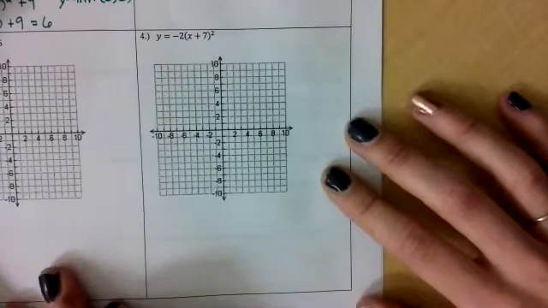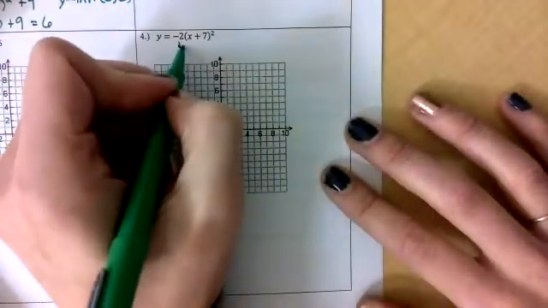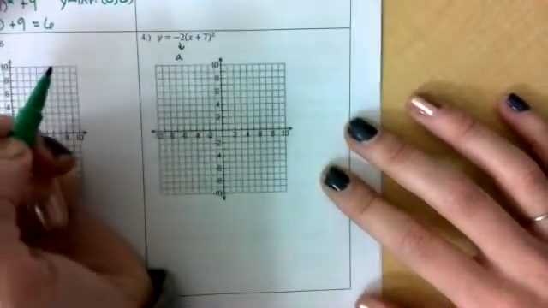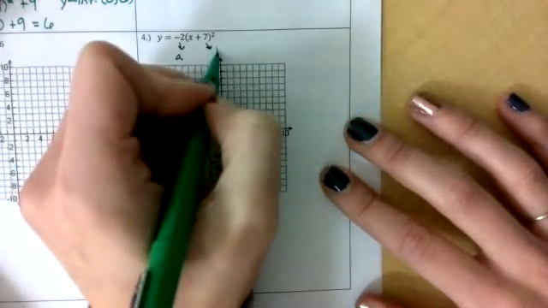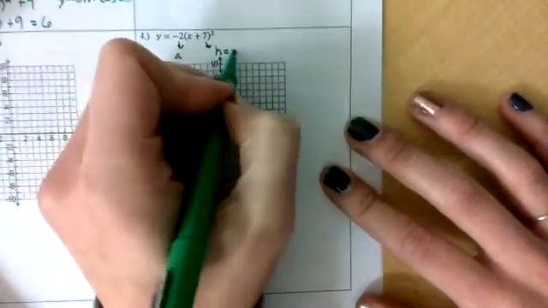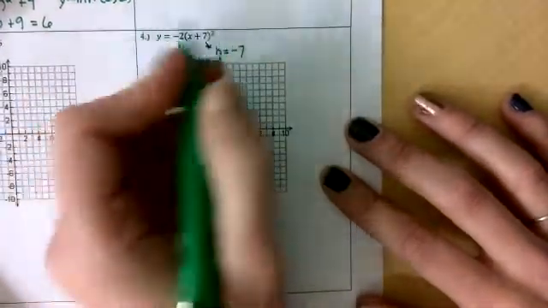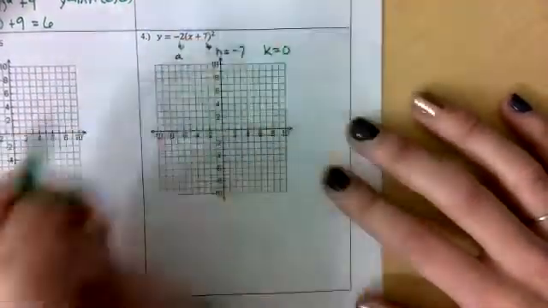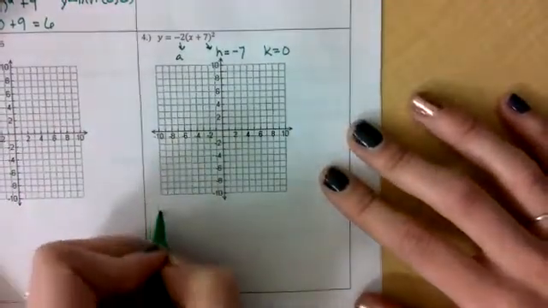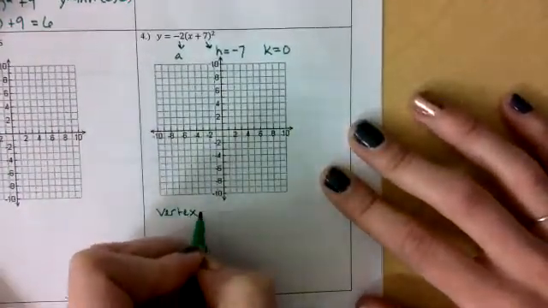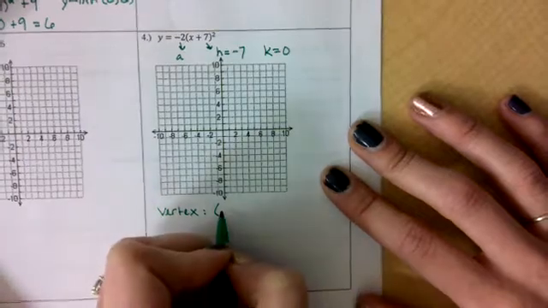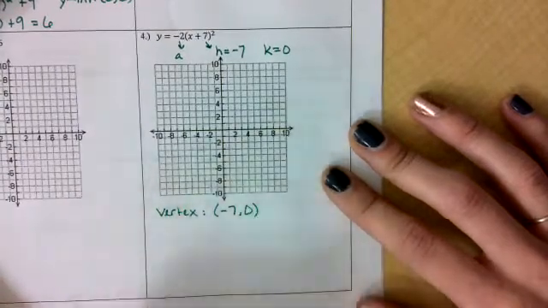Again, we can identify -2 as my a. My h will be the opposite of what I see, so -7. And I don't have anything else for my k, so my k is 0. Therefore, my vertex is -7, 0.